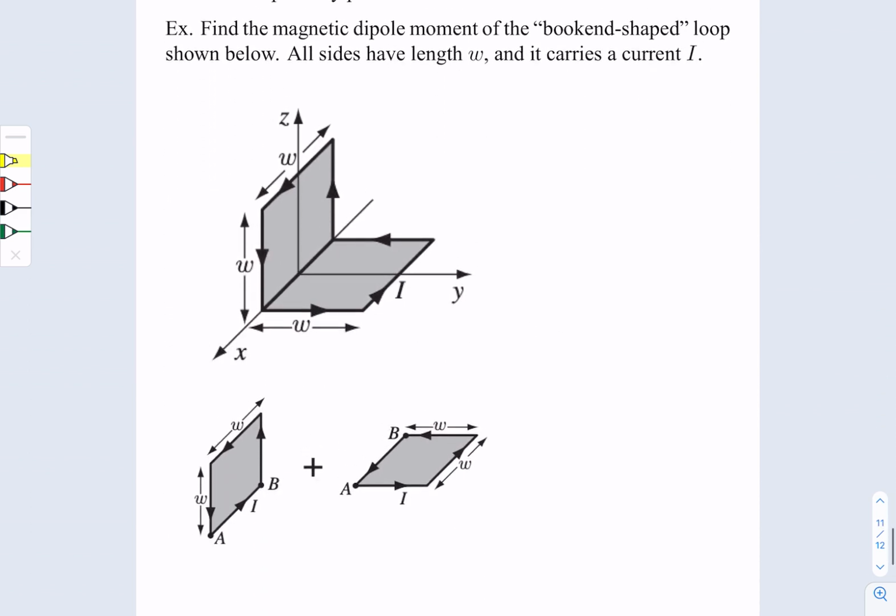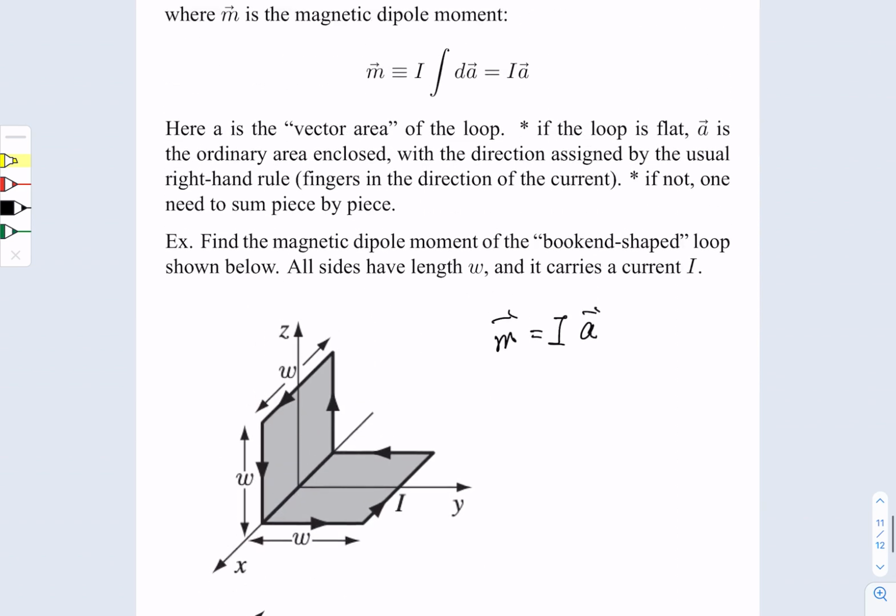Say that we have a current loop like this, and if we want to evaluate the dipole moment m, so the m is in principle the I times the A vector, right?